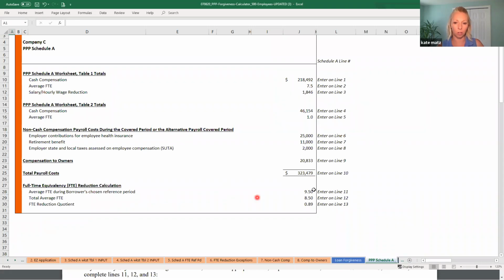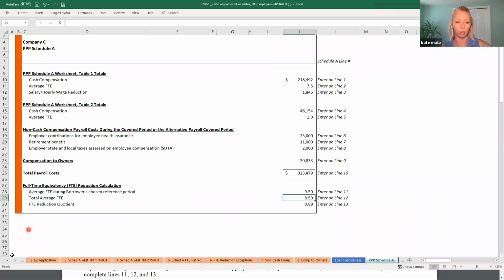So at the bottom here, we can see we've got our 9.5 FTEs from our reference period. And we looked and saw that was the lesser of those two. We had 10.5 and 9.5, so we've got 9.5 that comes through as our reference period. And then our total FTEs are 8.5. So we have 7.5 here from table 1, and then we've got 1 from table 2.